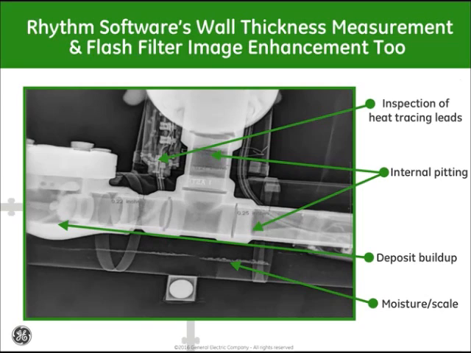We have the ability to identify deposit buildups in a steam trap that may be causing an issue there. We can identify internal pitting inside the pipe, which we wouldn't be able to inspect with an RVI solution. And we can even identify moisture and scale, which will cause premature failure or premature deterioration of the insulation material itself. So there's a great deal of information and a great capability that we can get through field radiography for corrosion inspection.